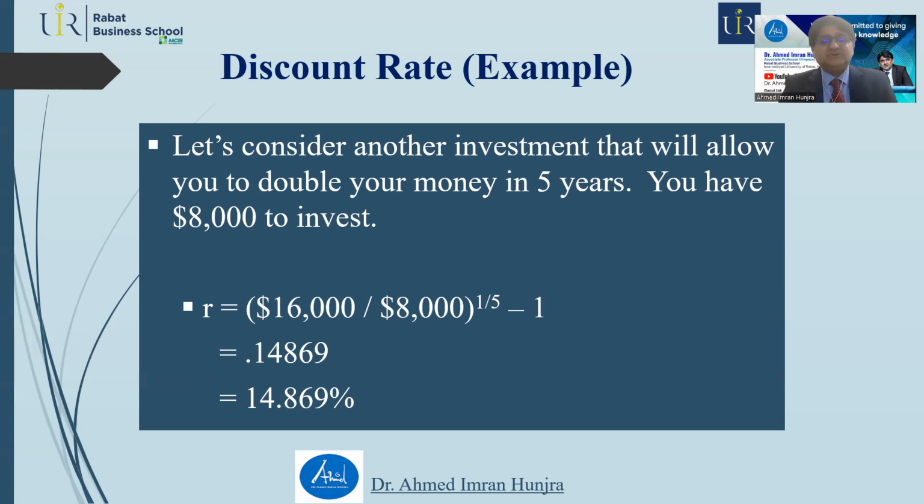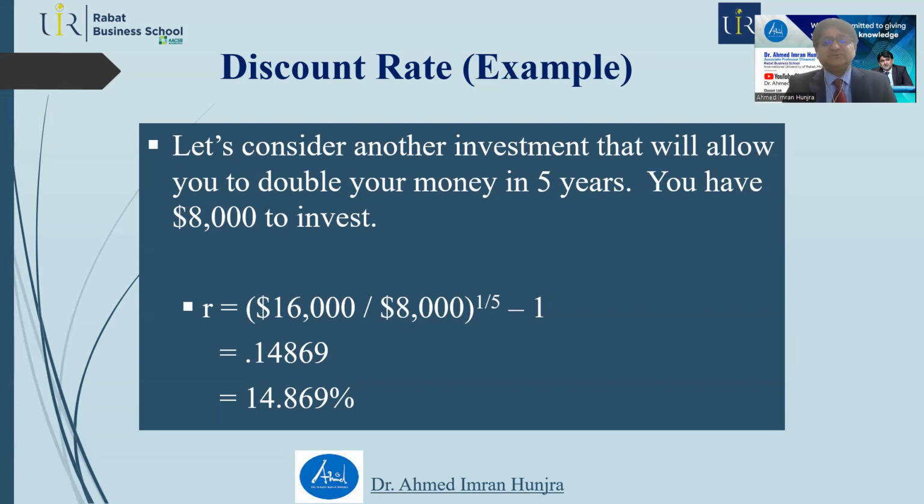So in this case 16,000 is future value and 8,000 is present value, and the number of time periods is 5 years. So raised to the power 1 over 5, minus 1. After simplifying, we have the interest rate, which is 14.869%.